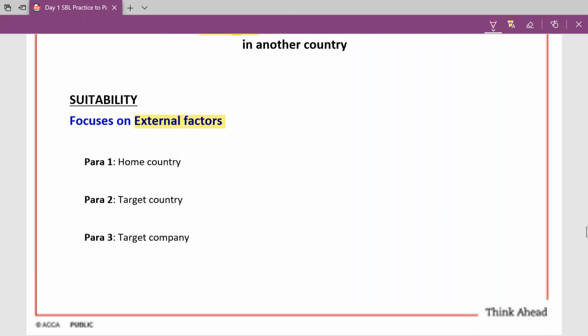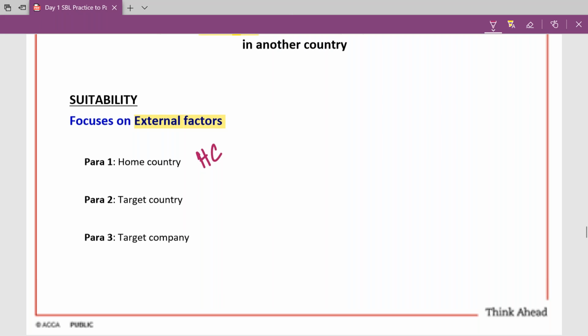While reading the exhibits, identify information about the home country. You can write HC, home country, opposite the paragraph in which the information is provided.